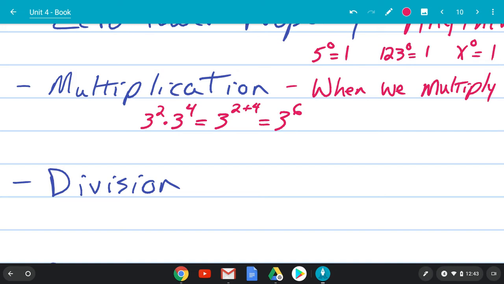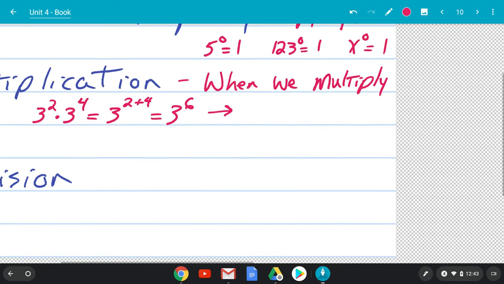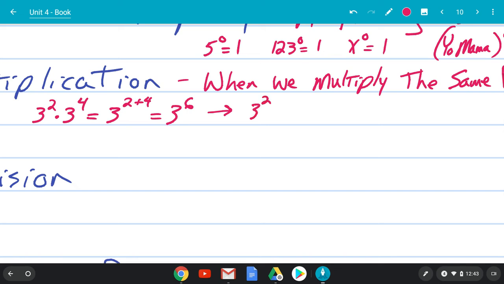Well, if 3 squared means 3 times 3, and I multiply that times 3 to the 4th, which means 4 3's multiplied together, so 3 times 3 times 3 times 3, how many 3's do I have there? 1, 2, 3, 4, 5, 6, which is 3 to the 6. So now you can see that happening.